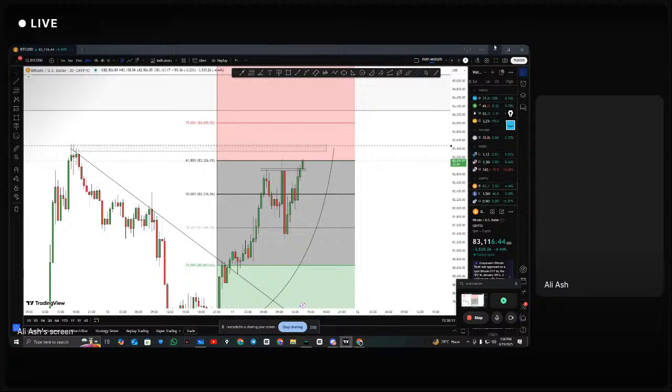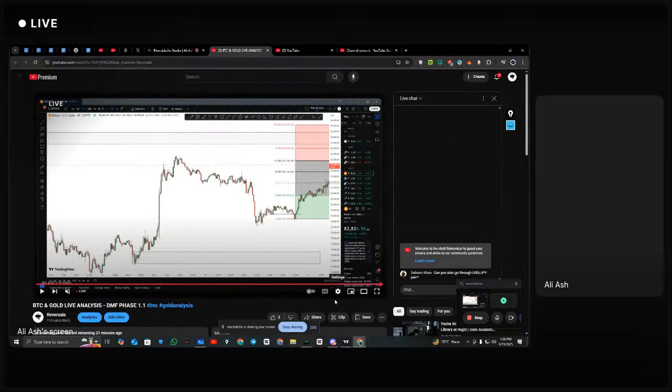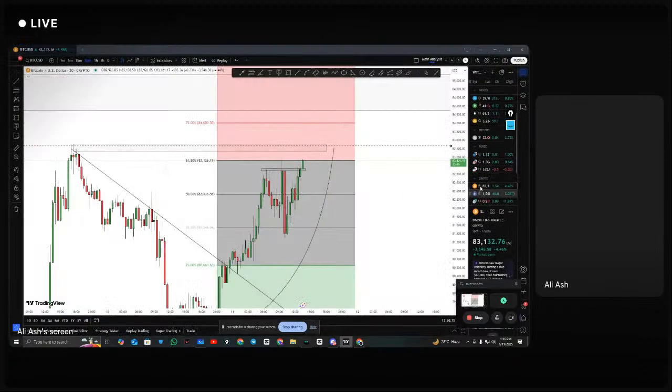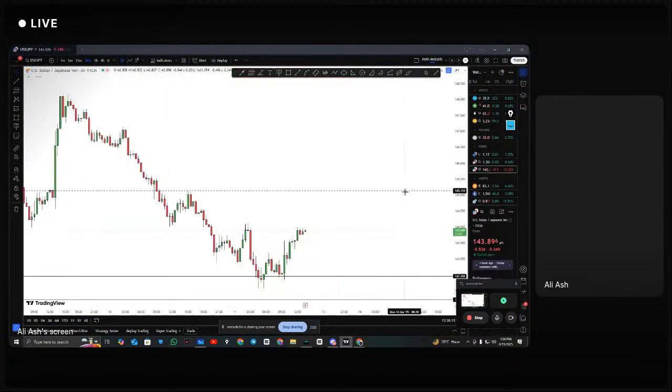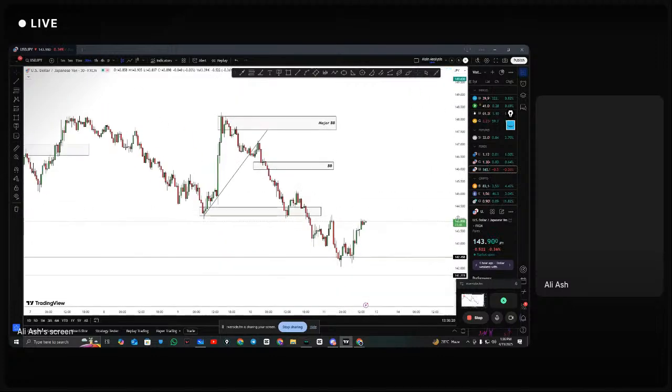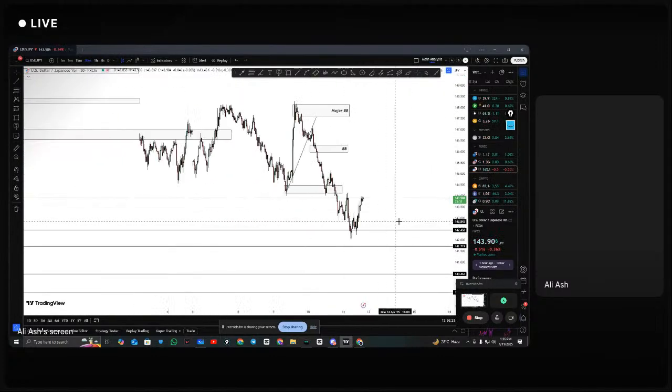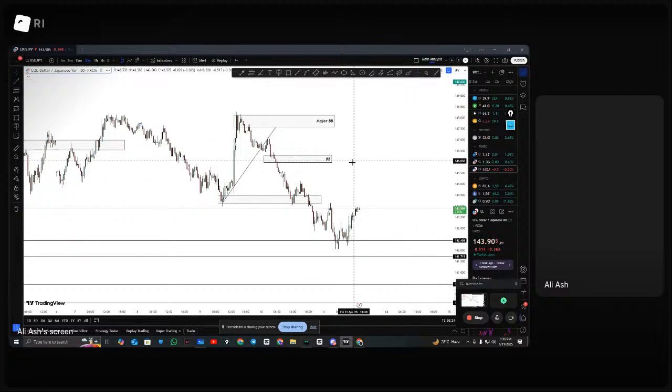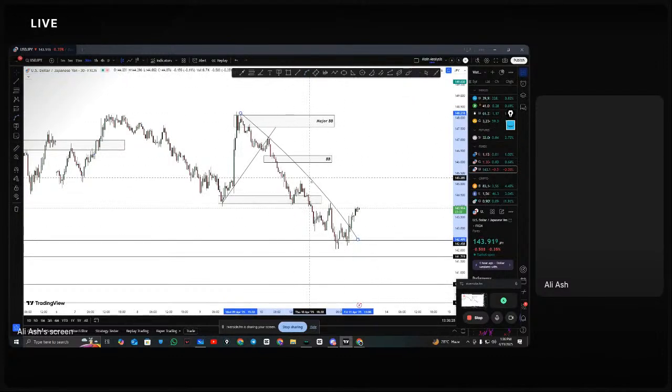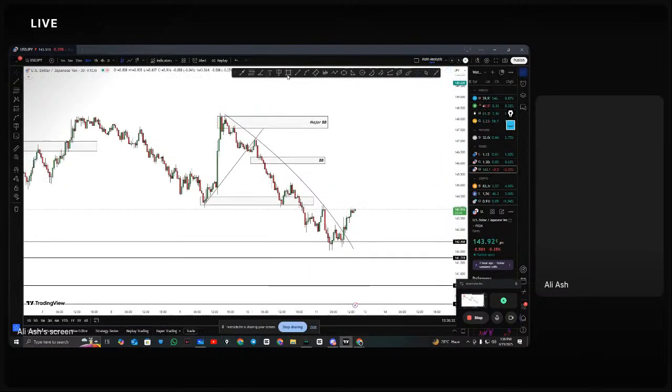Now we have, I guess, USD JPY. So let's do that. USD JPY got a huge downtrend and broke the trend following curve. So we are good to go till here.